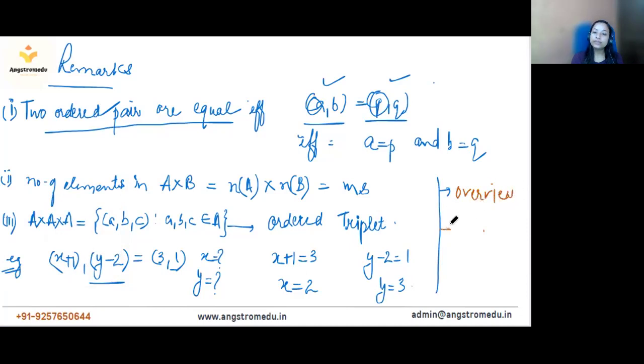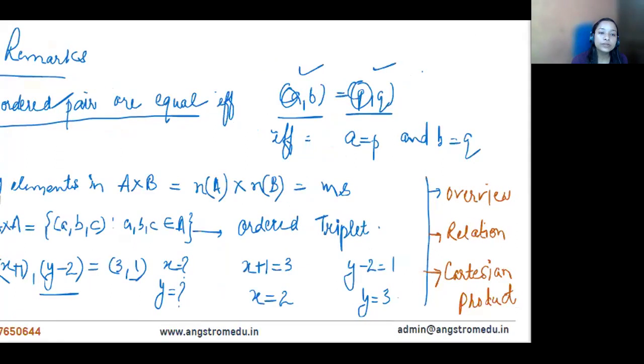Then we have gotten an idea about relation, and what are the elements required for a relation. Then we studied how can we link elements of two sets, right? So we have studied about the Cartesian product and its properties. There are three properties, 1, 2, and 3.